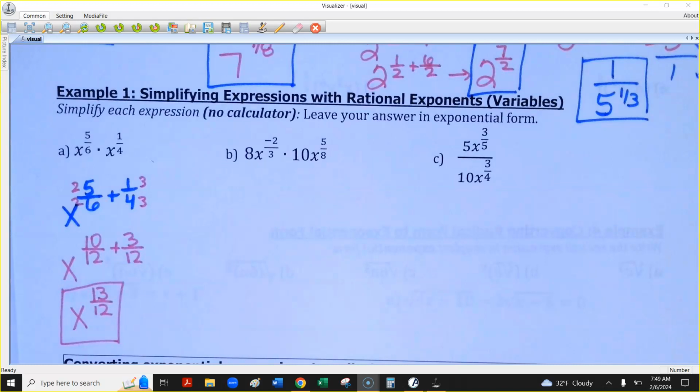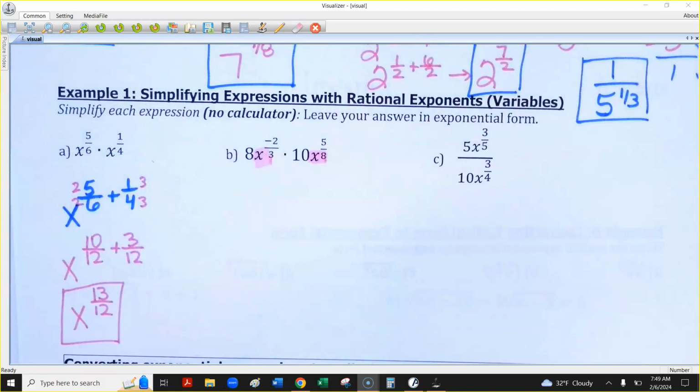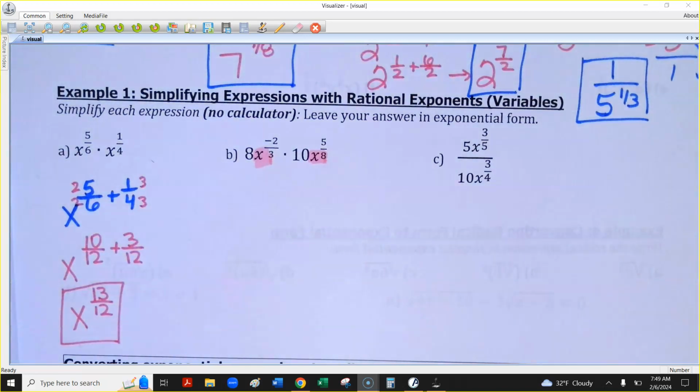Now, I put these last two in because these trip people up. So I'm multiplying, right? I have 8x to the negative 2/3 and 10x to the 5/8. The only thing that's being taken to the power is the x, not the numbers. So when you simplify this, we're actually going to just multiply 8 and 10 together.